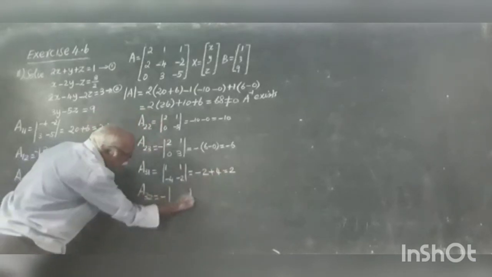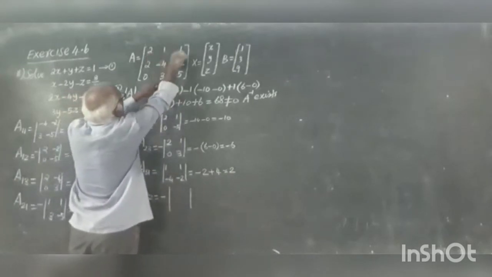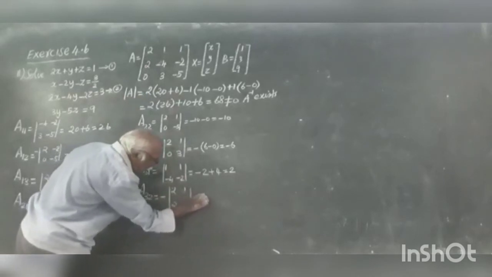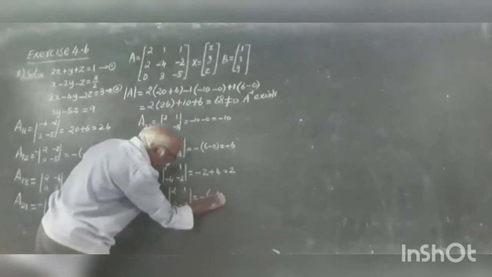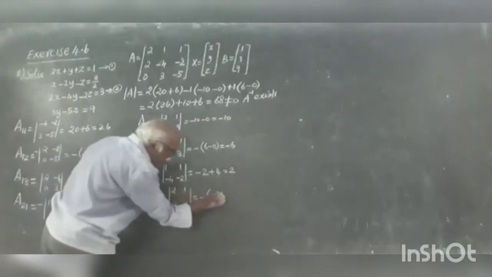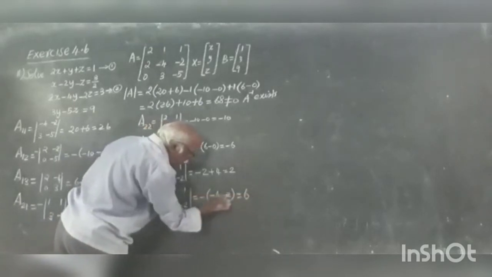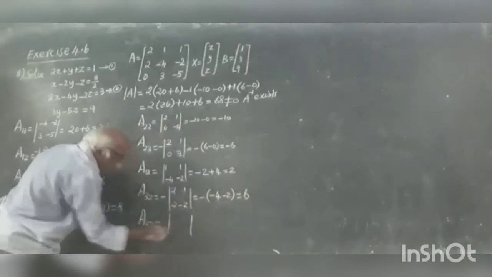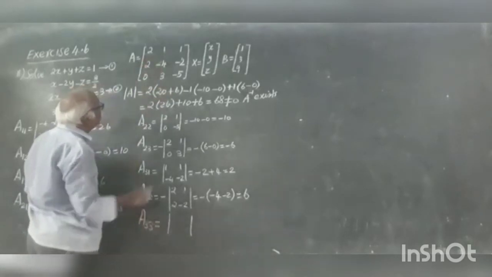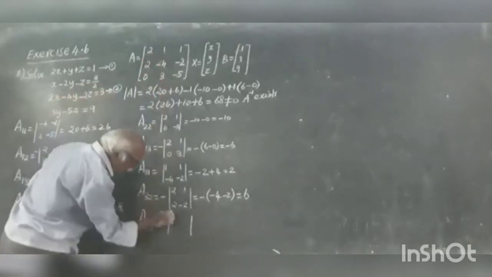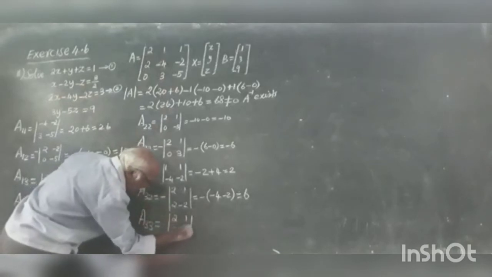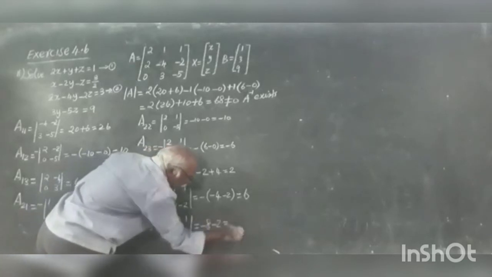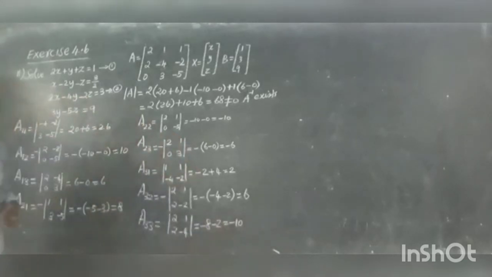A32 is negative, the determinant of 2, 1, 2, minus 2, which is minus of minus 4 minus 2, equal to 6. A33 is the determinant of 2, 1, 2, minus 4, which is minus 8 minus 2, minus 10. So you find all the cofactors.